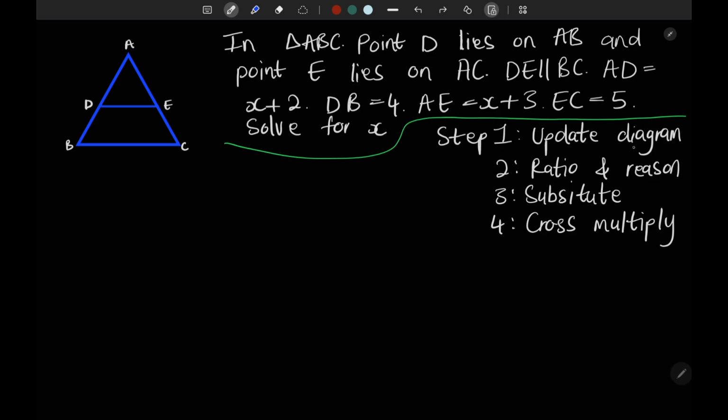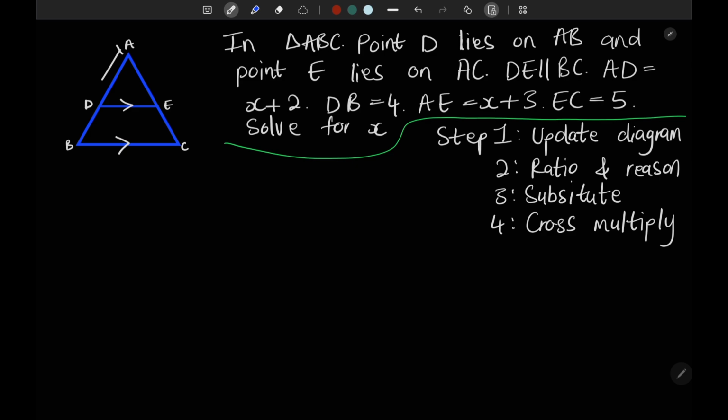So step 1, update diagram. We'll read our information again and apply what we read on our diagram. So in triangle ABC, point D lies on AB and point E lies on AC. Okay, then DE is parallel to BC. Then AD is equal to x plus 2. Where's AD?